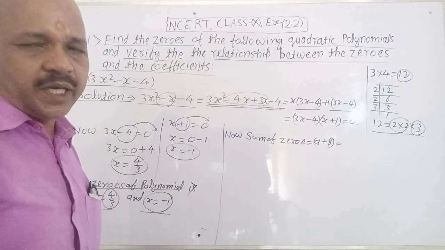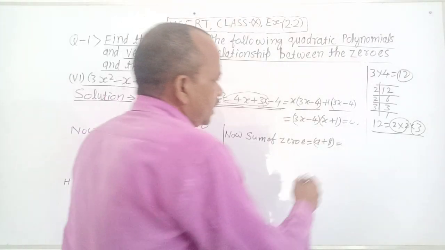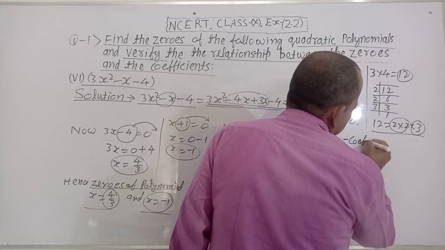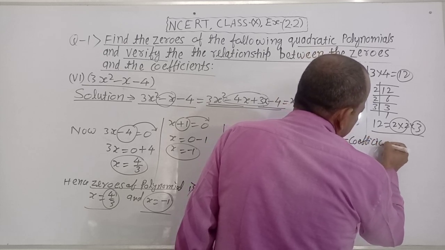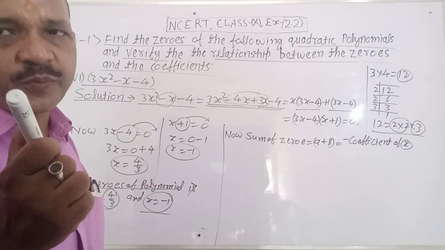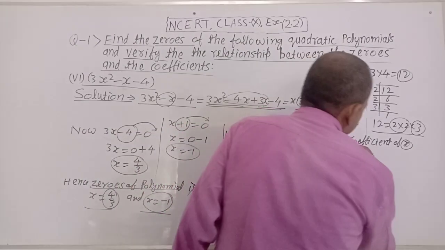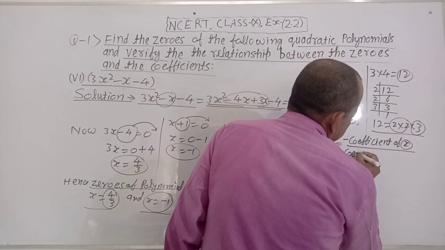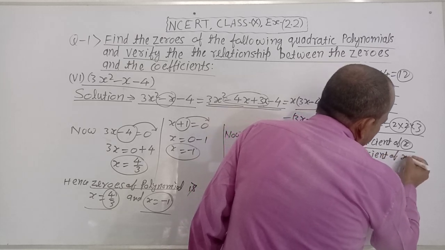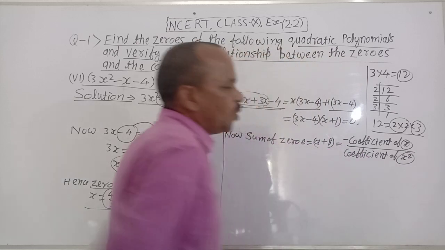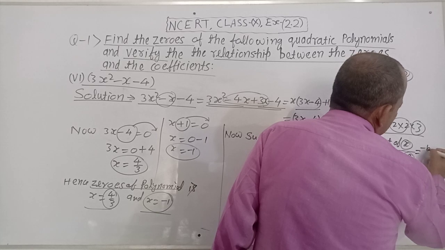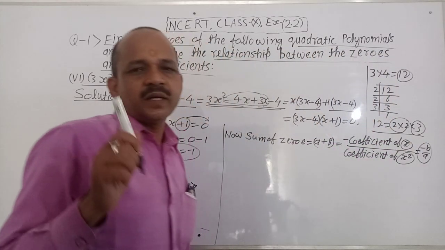Sum of zeros equal to alpha plus beta equal to minus coefficient of x upon coefficient of x square. Coefficient of x square equal to minus b by a. Minus b by a. It is clear?